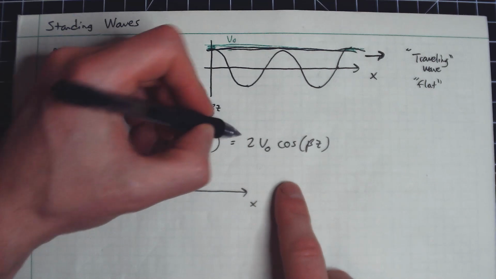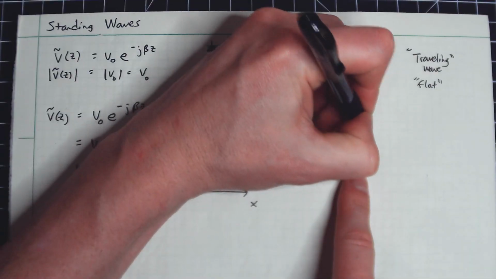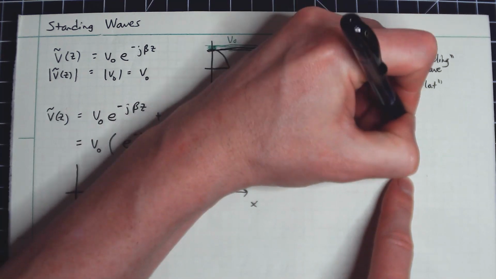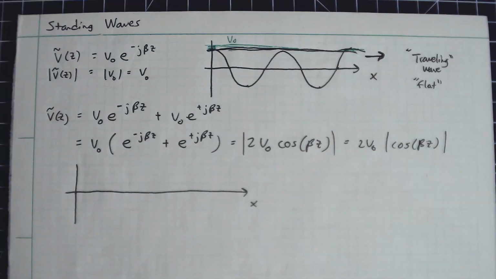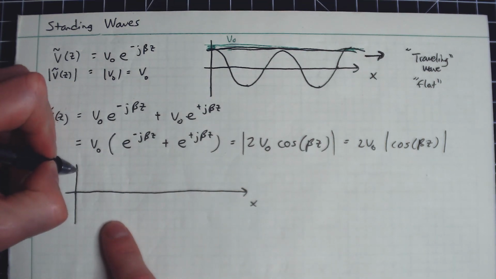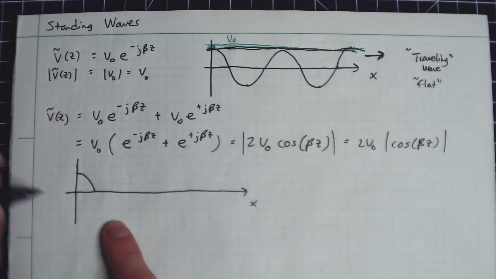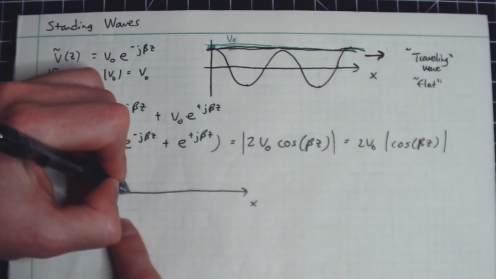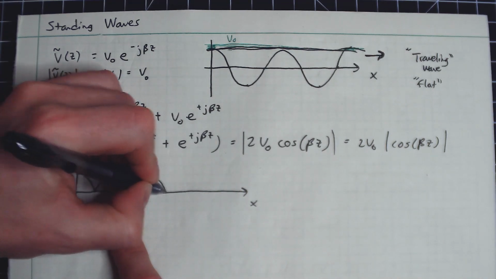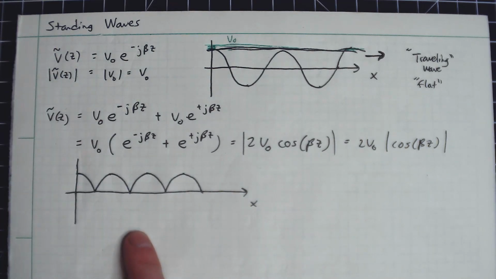So if I take the magnitude of this, you'll notice what I would get is essentially 2 V naught times the magnitude of the cosine beta z, like that. So there's kind of two ways to think of this. I'm going to just plot the magnitude of this, where it will do something like this. It'll go down, and then it will come up again, and then down, up, down, and so on.